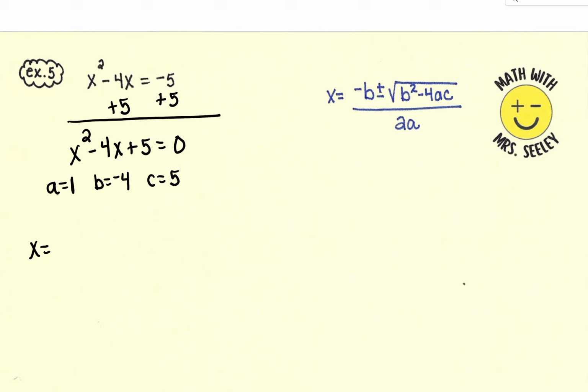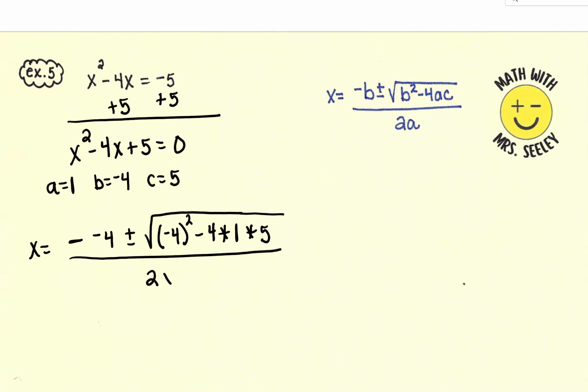So we'll say x equals negative of a negative 4 plus or minus the square root of b, which is negative 4 squared, minus 4 times your a value of 1 times your c value of 5, all over 2 times 1. Again, 2 negatives make a positive, plus or minus. Now just draw the square root, just draw the house.